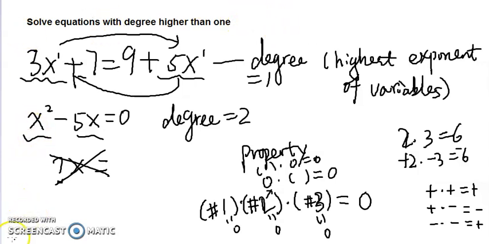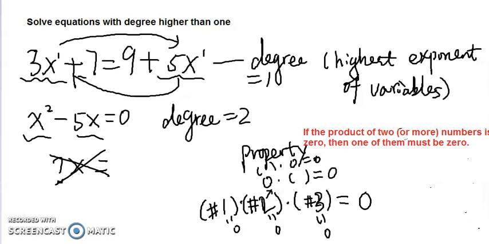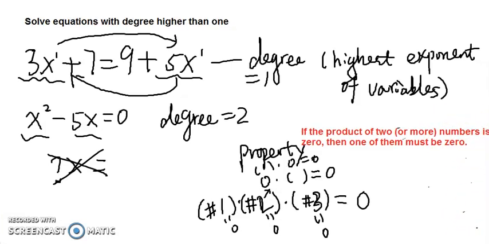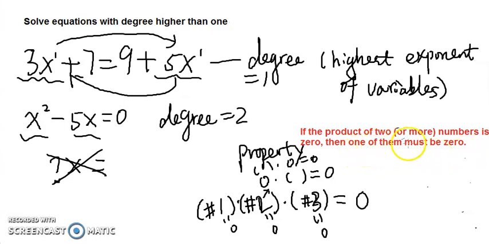So let me erase some of this. The property can be summarized like this: if the product of two or more numbers, you could have 3 or 4 or 5, as many as we want, is 0, then one of them must be 0.